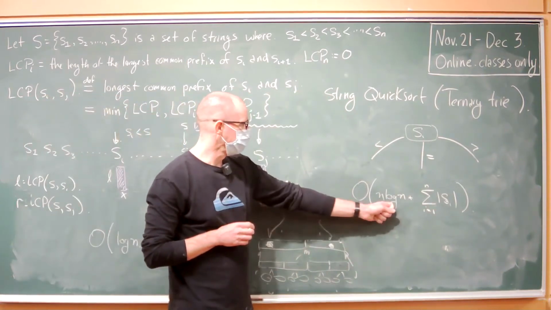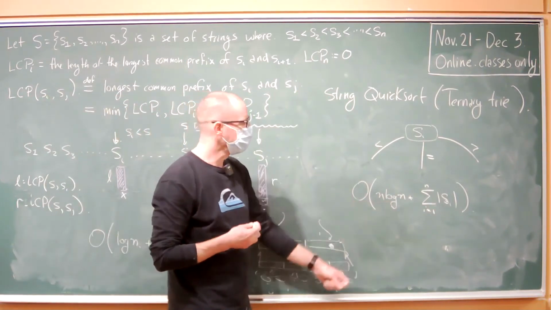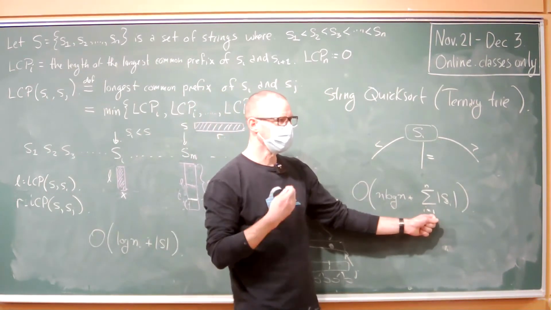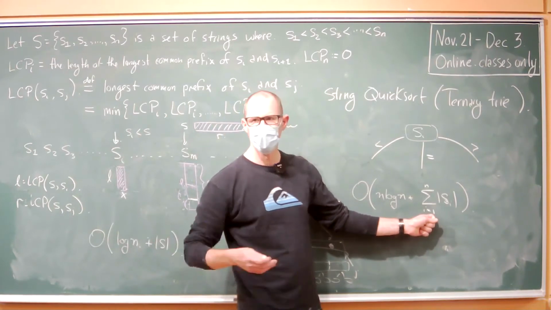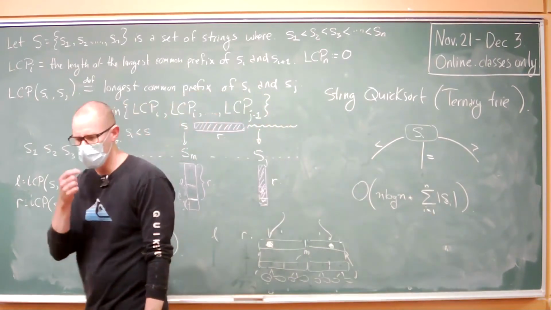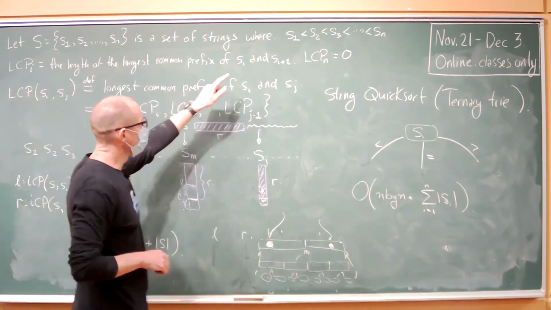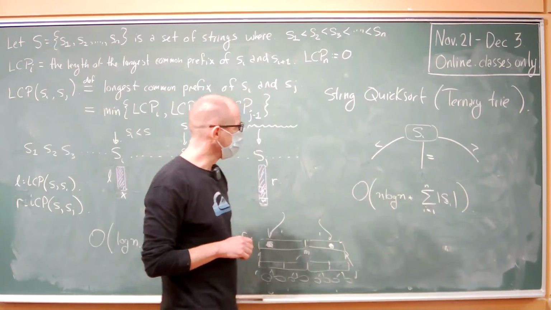You can't avoid n log n comparisons. And this just says that you have to look at every string. You have to completely look at every single string in your set in order to sort them. Okay. So that's how you can get this thing in sorted order in this length of time.